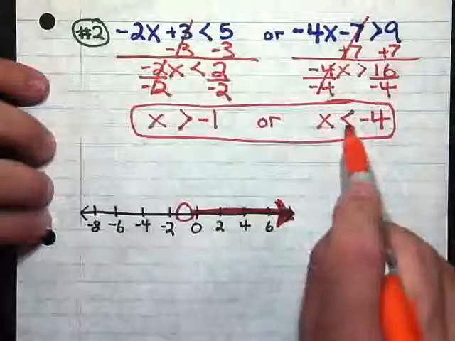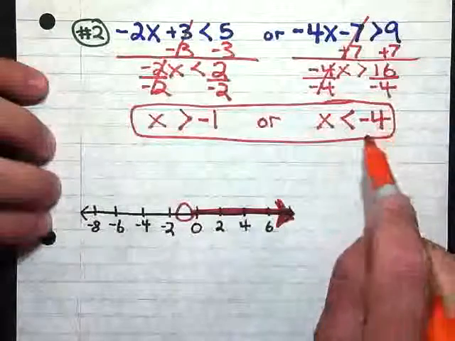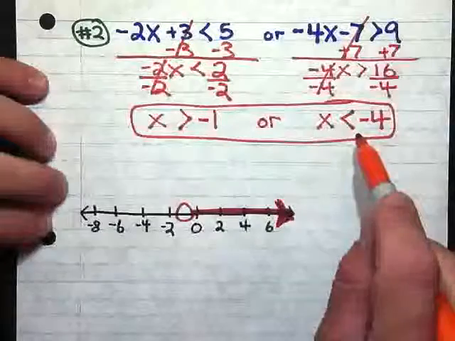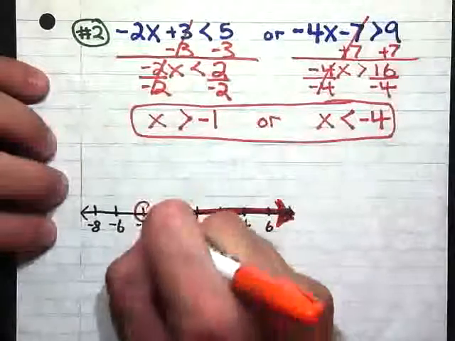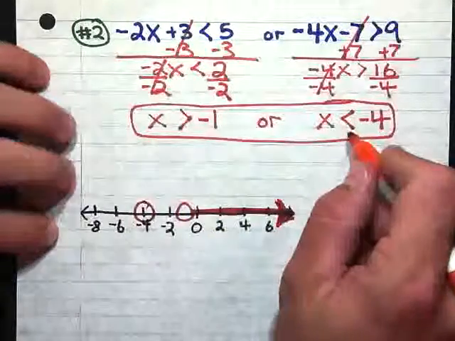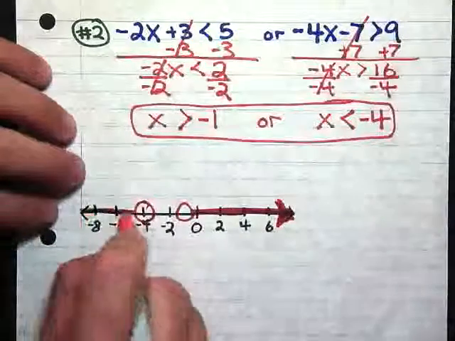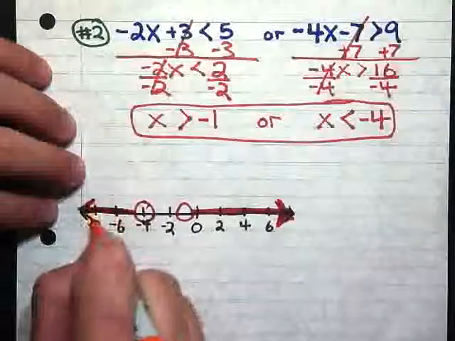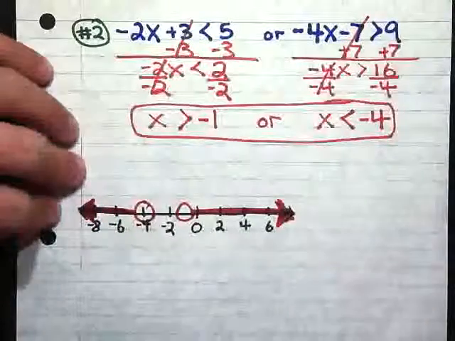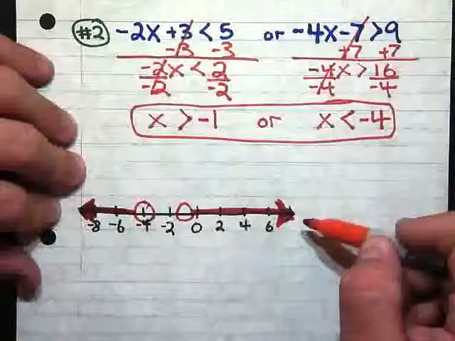And then x is less than negative 4. We're going to use an open circle at negative 4. And x is less than that, so we want to do all the values to the left of that. And we have our solution and its graph.